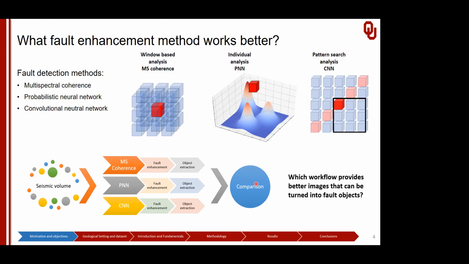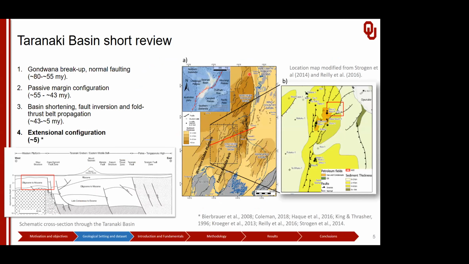Before we move to the fundamentals and the introduction, I will present the area of analysis and the dataset that I am using. Now here you can see the map of the Taranaki Basin showing major structural areas such as the Western Stable Platform and the Eastern Mobile Belt, and some sediment thicknesses.